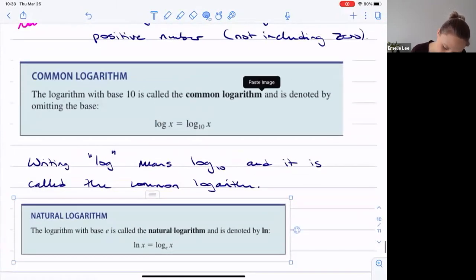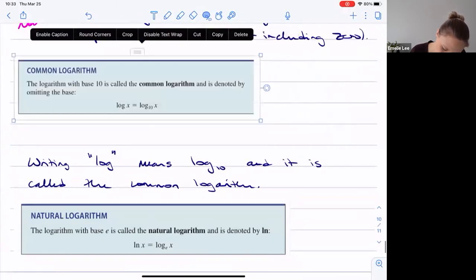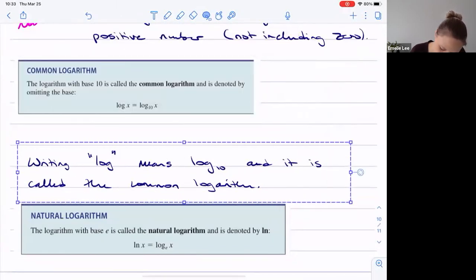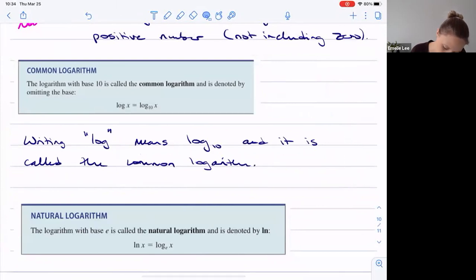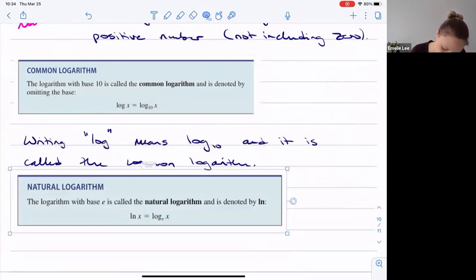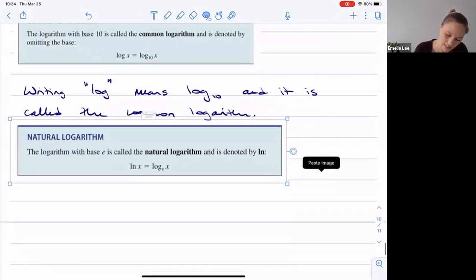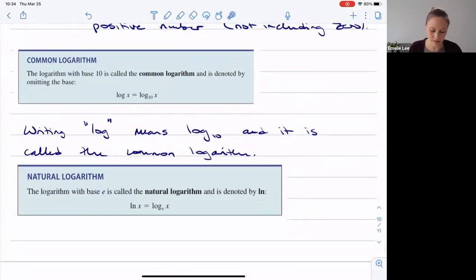These are the 2 logs that have special names. The common logarithm is log base 10, and the natural logarithm is log base e. So we write ln for the natural logarithm.